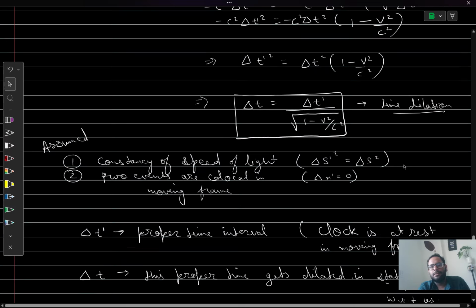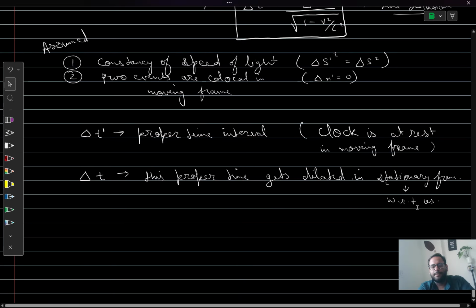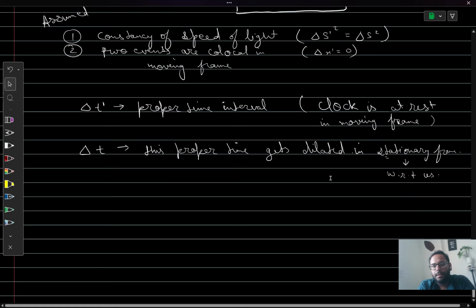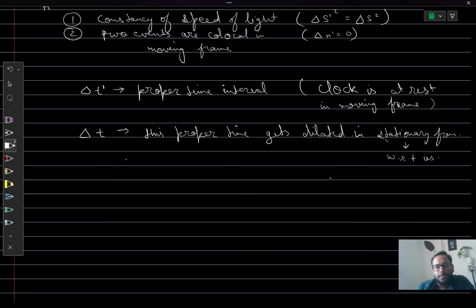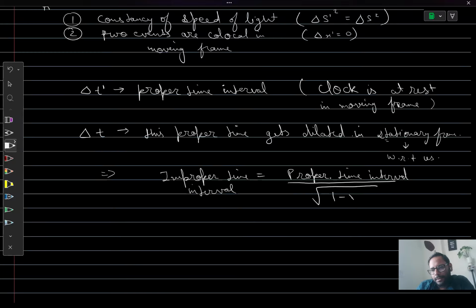With respect to us, the S frame is at rest. So you can also write this as: the improper time interval between events is equal to the proper time interval divided by 1 minus v squared by c squared.